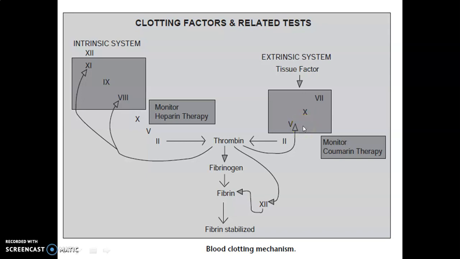The results are the same: prothrombin activator causes conversion of prothrombin into thrombin, then fibrinogen conversion into fibrin, and finally blood clot happens. So this is the extrinsic pathway.